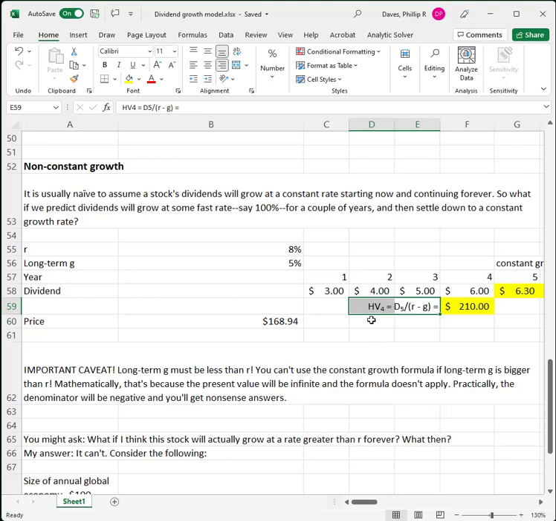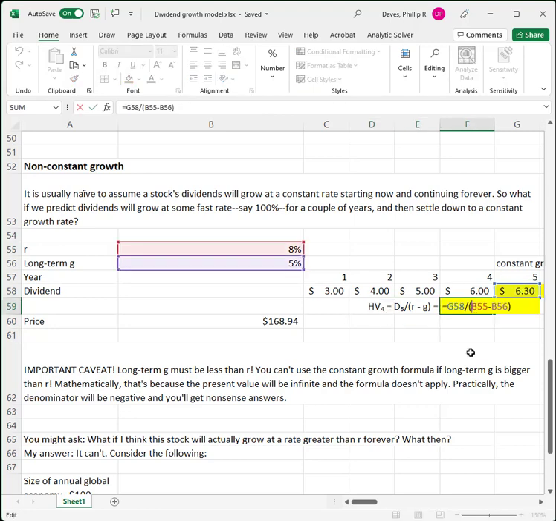The horizon value in year 4, just like we did with year 0, is dividend 5 divided by R minus G. What's dividend 5? That's $6 multiplied by 1.05, or $6.30. So this $6.30 divided by R minus G, 8% minus 5%, gives us $210.